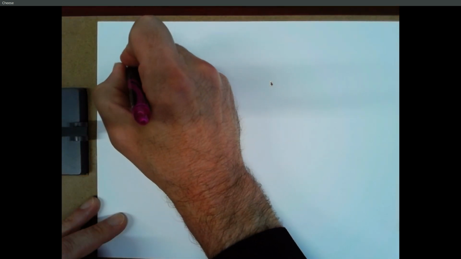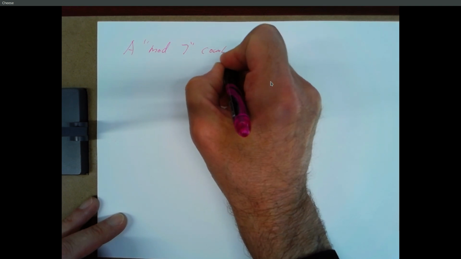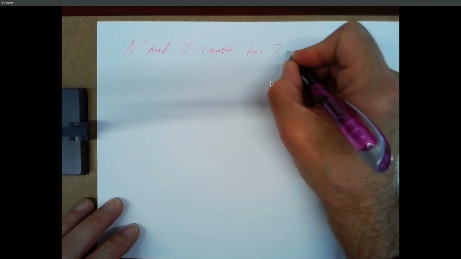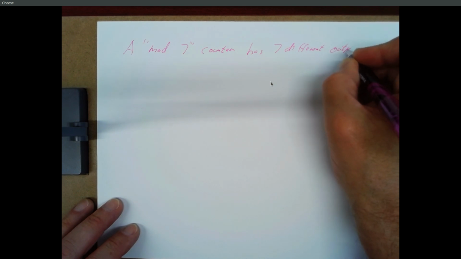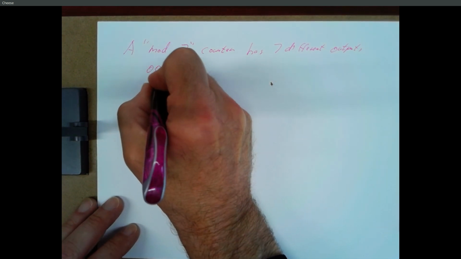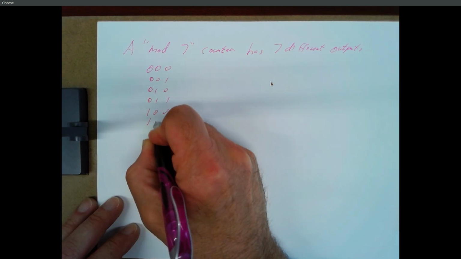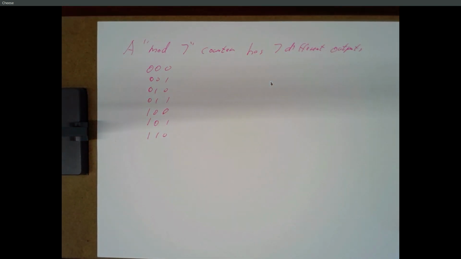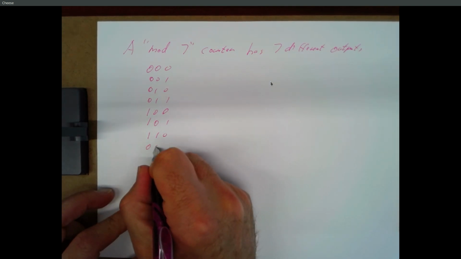So when we talk about something like a mod 7 counter, it has 7 different outputs. Typically it would be 0, 0, 0, and it goes in the usual order. But it's only got 7 outputs, which means after it outputs its 7th value, which is 1, 1, 0, it's going to go back to the first value.